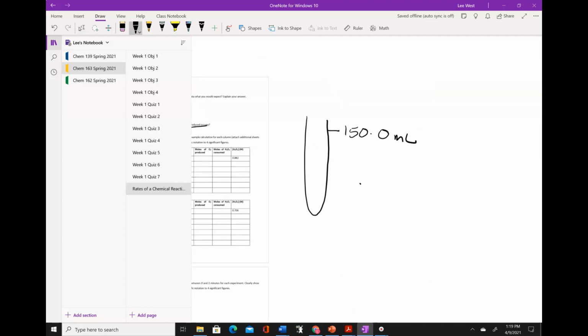It's got an oxygen sensor or a pressure sensor that's sitting up there. And then we put in here 50 milliliters of the aqueous H2O2, and also we've got a platinum disc that occupies a volume of 1 milliliter.